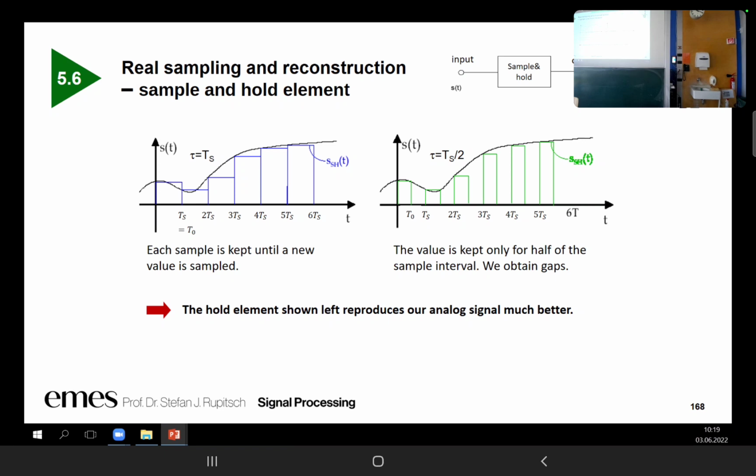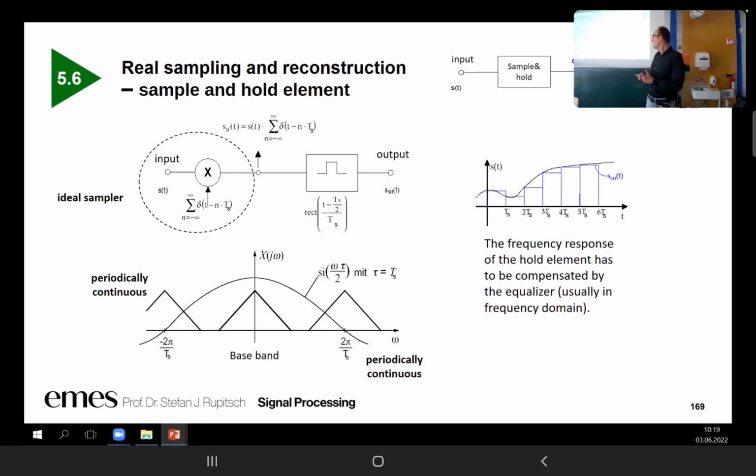We are not able to do this. But we are able to produce such a staircase progress of our signal. Is this why it's better than the one on the right? Yes. On the right-hand side, we will lose energy because of these regions in between that are zero, and on the left, for the reconstruction procedure, we would now have almost the original signal. So, what does it mean?